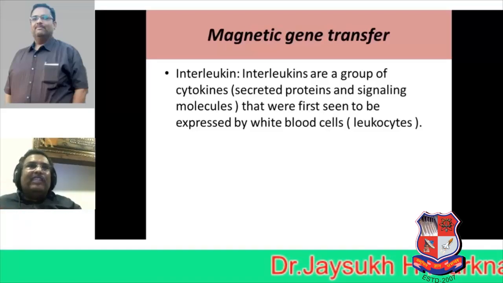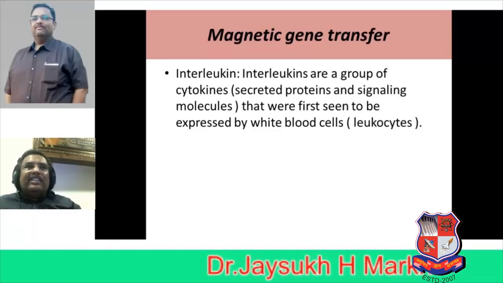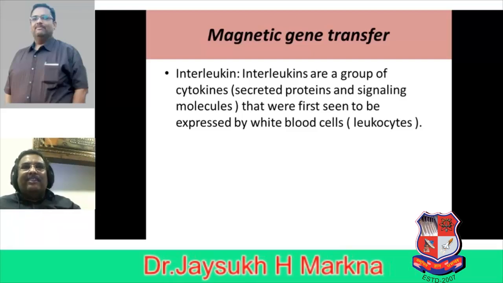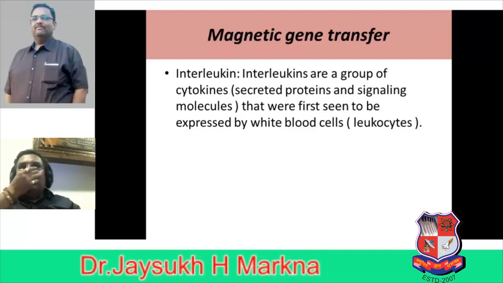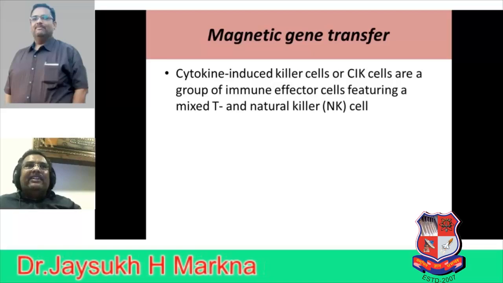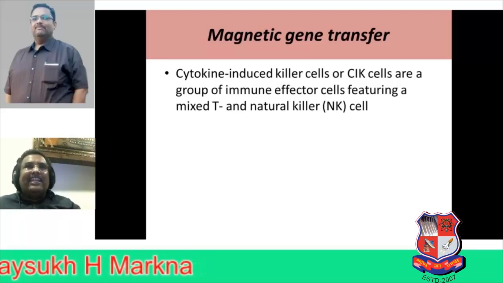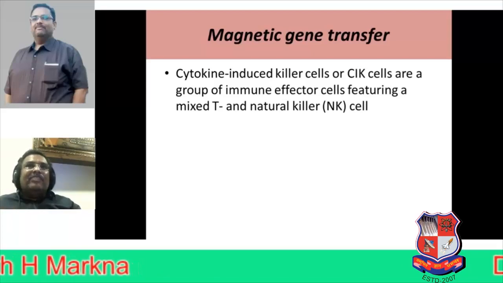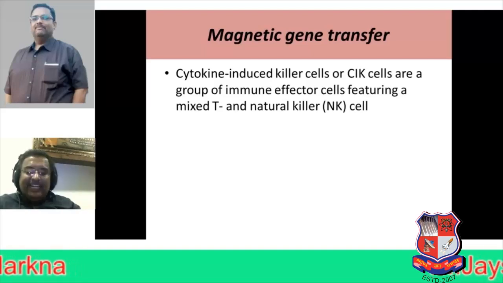Now these interleukins are a group of cytokines that were first seen to be expressed by white blood cells. This terminology I have put just for information. And cytokine induced killer cells, or CIK cells, are a group of immune effector cells featuring a mixed T and natural killer NK cell phenotype.